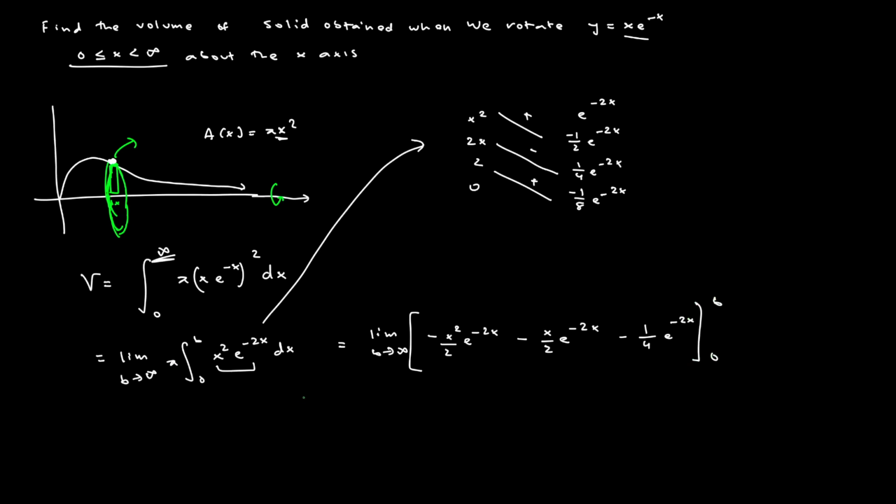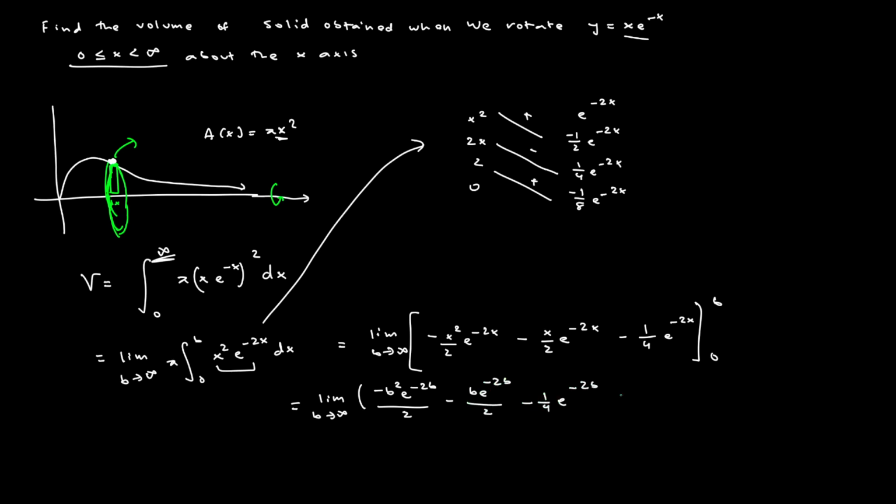our final evaluation is simply equal to the limit as b tends towards infinity of minus b squared times e to the minus 2b divided by 2, minus b times e to the minus 2b divided by 2, minus 1 over 4 times e to the minus 2b.